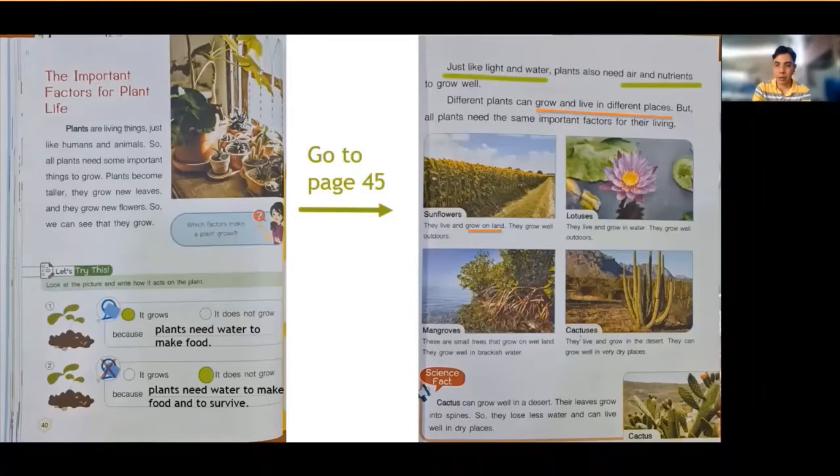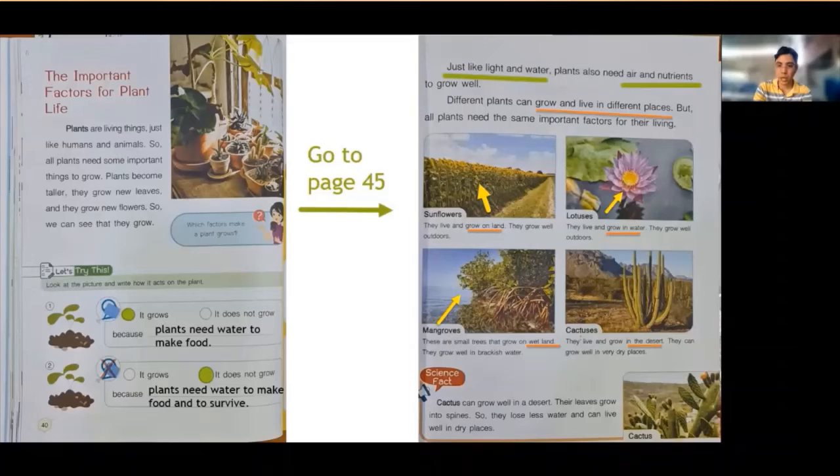And there are other flowers or plants that can grow in water, like the lotuses. And there are other plants that can grow on wet land. They are the mangroves. And the last are the cactuses. They live and grow in the desert.